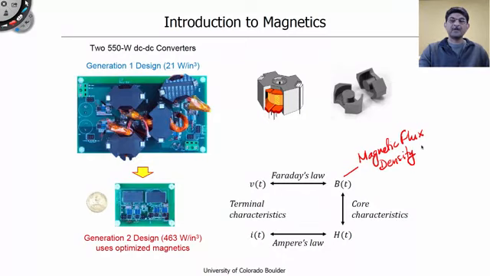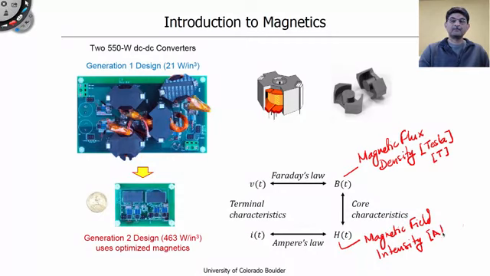This is measured in Tesla, for which we will also use the symbol T. The other important quantity is H, which stands for magnetic field intensity, and is measured in amps per meter. We will often shorten its name and simply call it magnetic field.